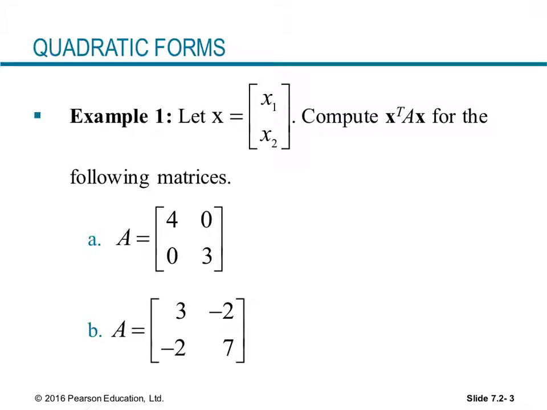In example 1, let us consider the quadratic forms corresponding to these two matrices. A is a symmetric matrix, and actually this is a diagonal matrix. The off-diagonal entries are zeros. In case of B, we have a still symmetric matrix, but we have non-zero off-diagonal entries.